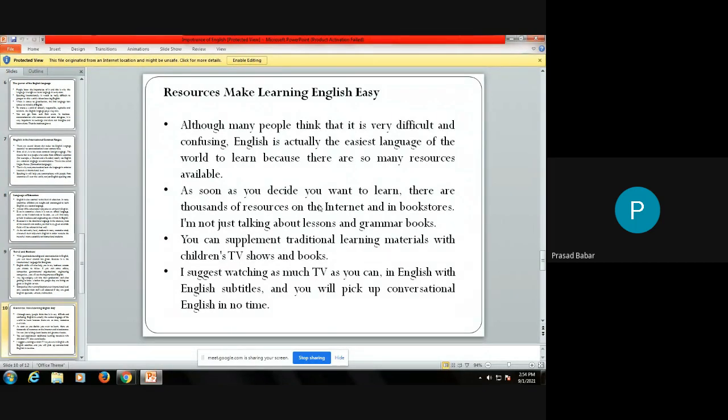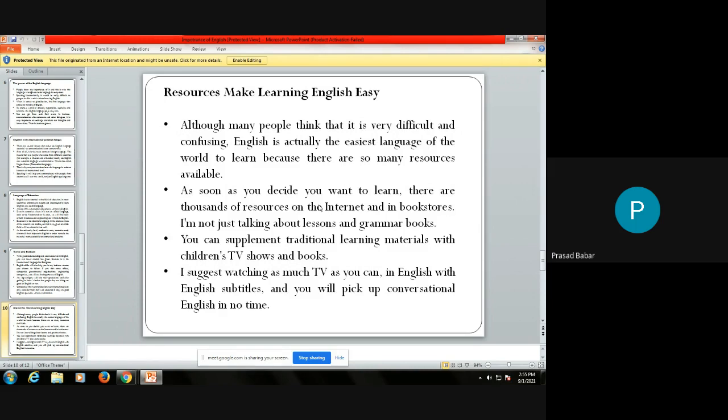So watch as many TV shows, YouTube shows or cartoons as you want, but watch them with English subtitles or English as the medium of communication.